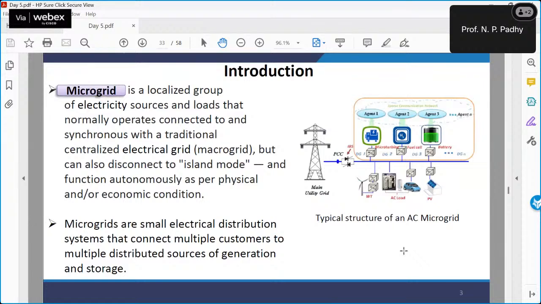So this is my AC microgrid, and in the case of a DC grid, I have shown you, if you have a DC grid, all the injections from different cells, storages, generations, and the loads are also DC type. But this is a typical AC microgrid, and to me, AC microgrid is more popular.